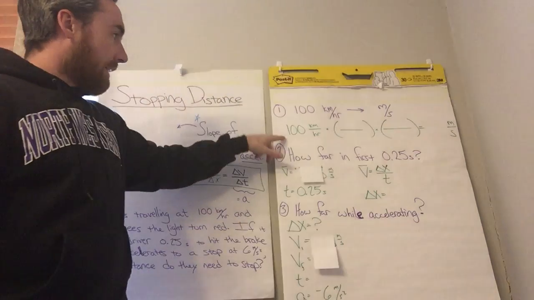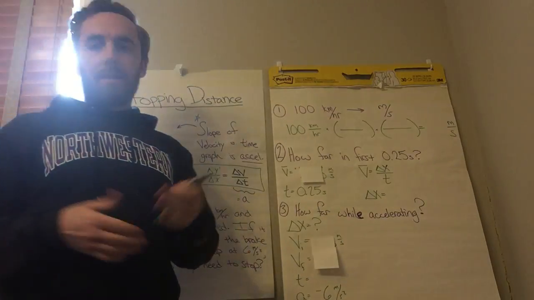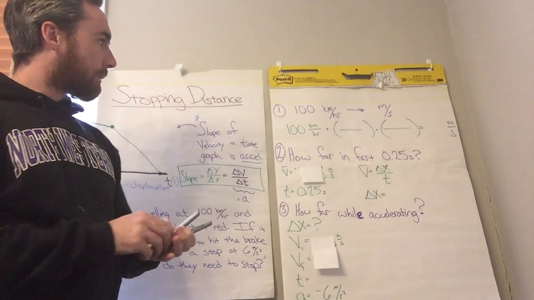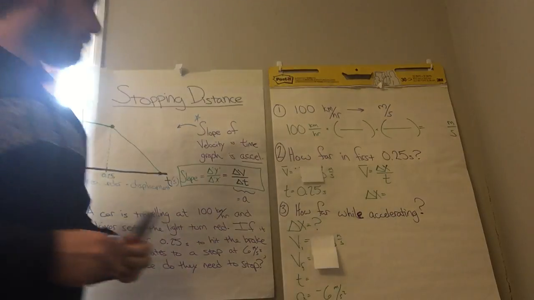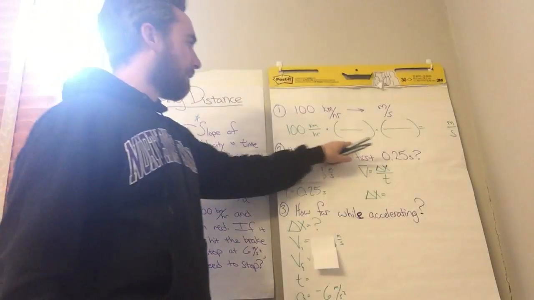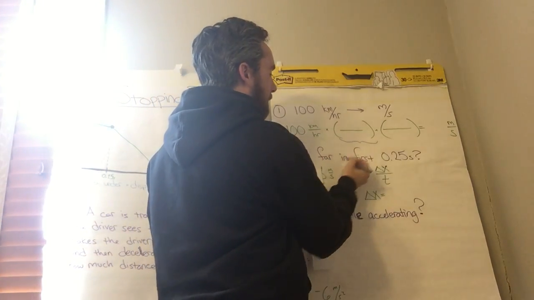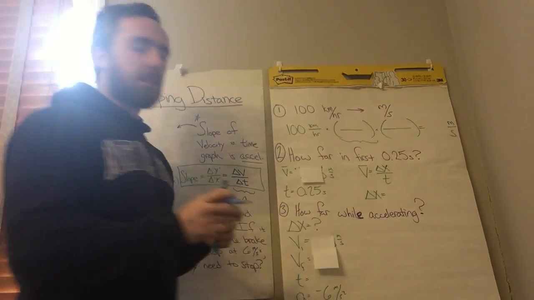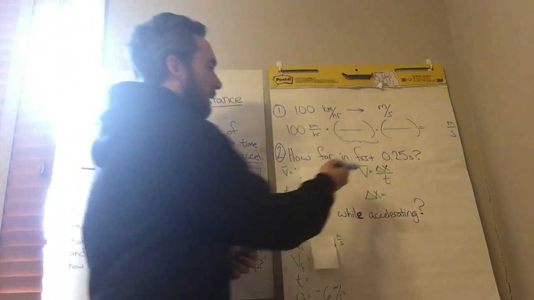All right, our first step, like I said, is going to be to convert 100 kilometers an hour into how many meters per second that is of speed or velocity. All right, so what we do is we have what's called conversion factors. I'm going to multiply this 100 kilometers per hour by something to change the units. Now I don't want to change the actual speed. I still want it to equal the same speed.